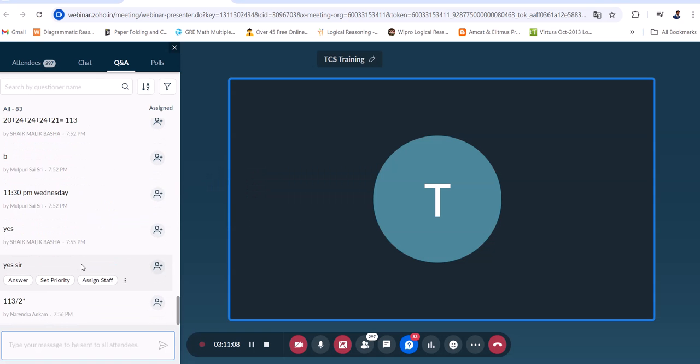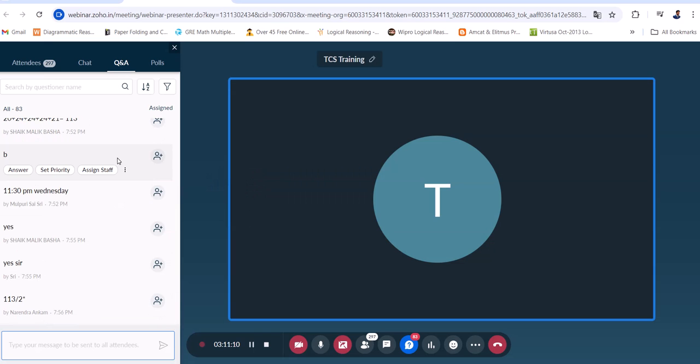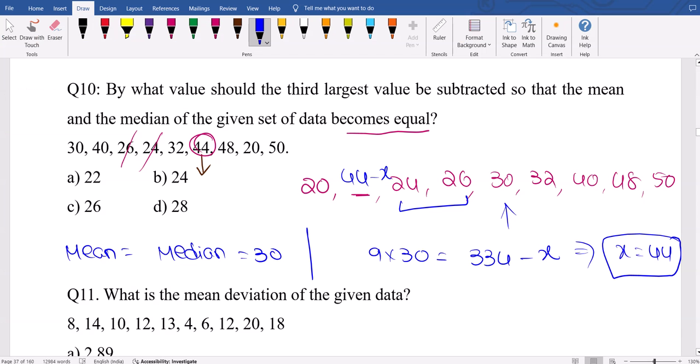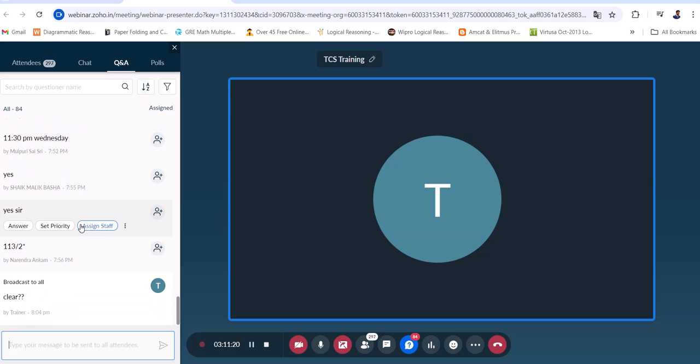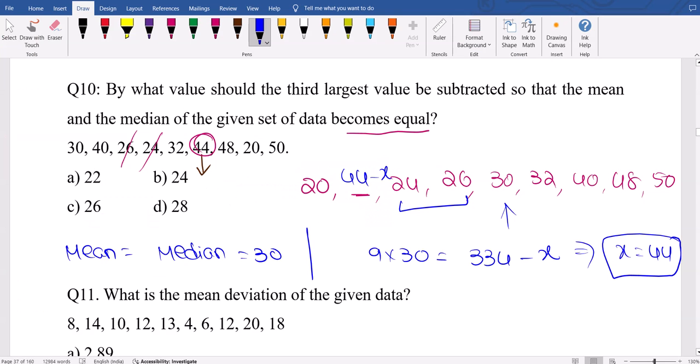Now any other counter for this? Clear with this? See, many times it happens that options are given wrong. That's not a worry. But do you understand this? Sir, how can you decide? Okay, here median is 30. I'm telling you, 44 minus something can fall at any place of this.